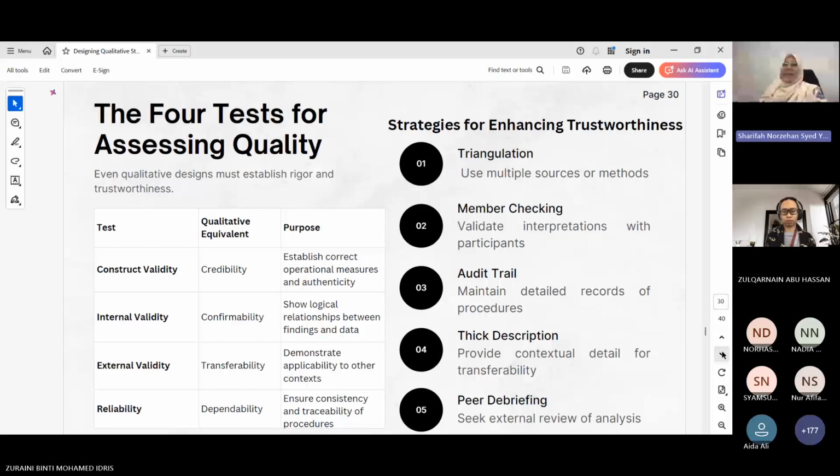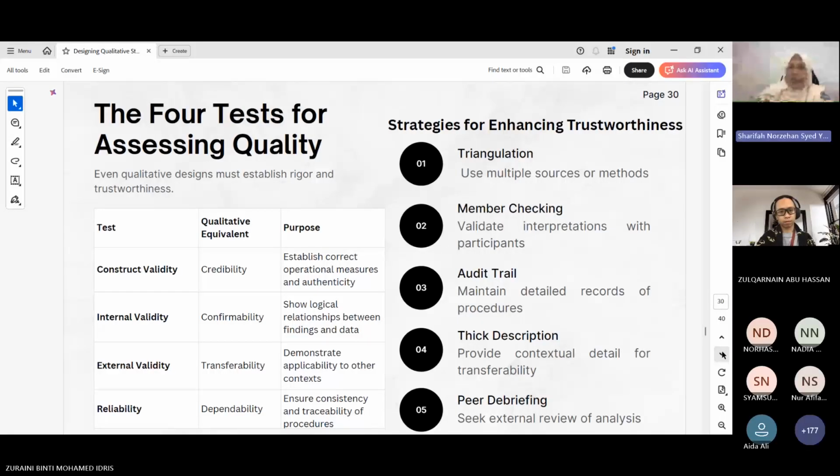Yes, okay. That is not mixed method, that is methodological triangulation. You just want to confirm your finding, right? Yes. Okay, thank you, Prof.